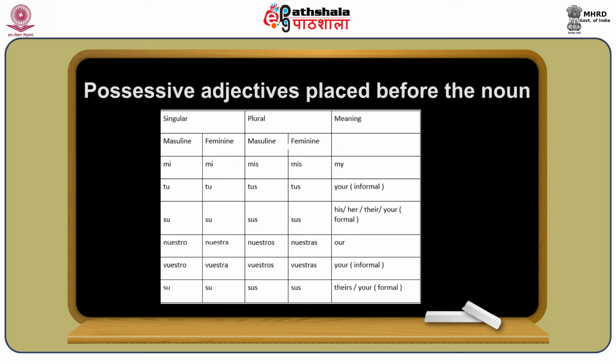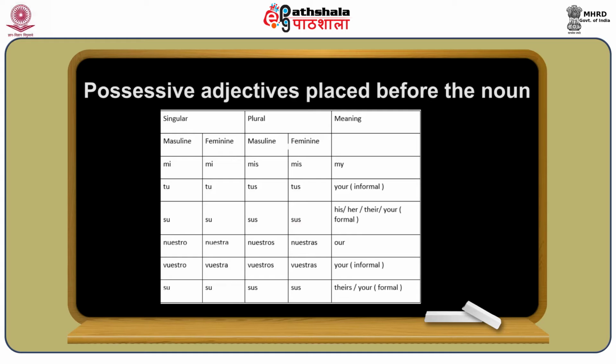Mi is the same for both masculine singular as well as feminine singular, and mis, which also means my, is also the same for plural, masculine plural and feminine plural. So in singular it is mi, and in plural it is mis, meaning my.